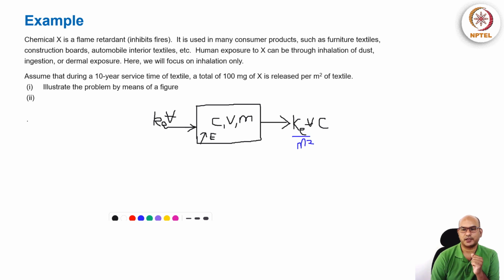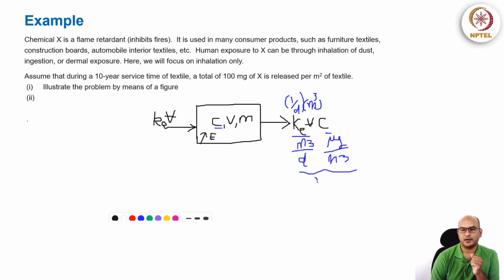Let us calculate per day, meter cube per day, because Ke is 1 by day and volume is meter cube. So this much volume is going out per day, and C is the concentration here, and let us say this is microgram per meter cube.